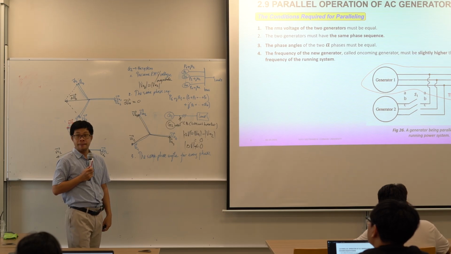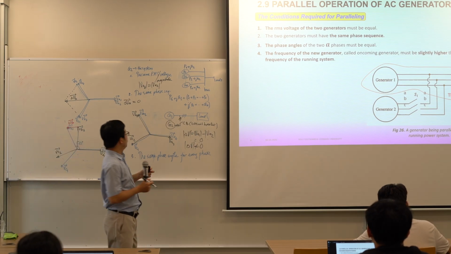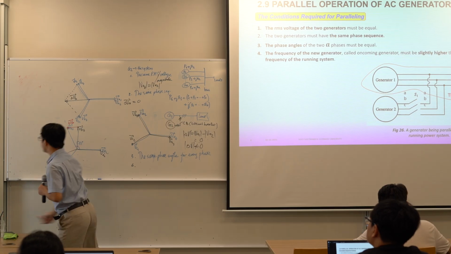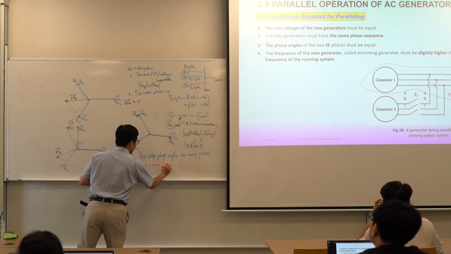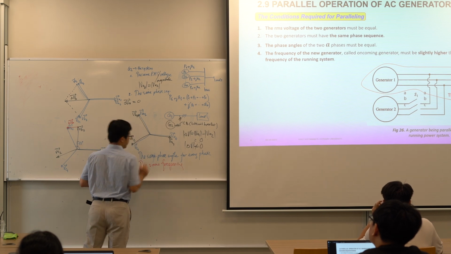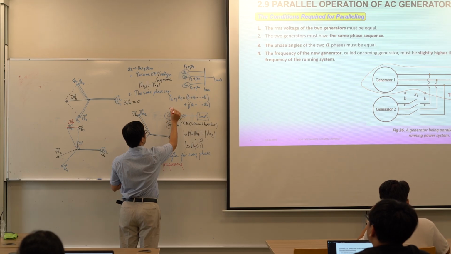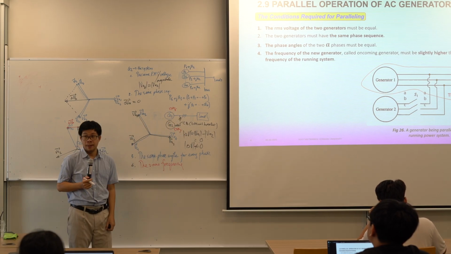Is it clear? And the last one, we should have the same frequencies. Okay? So if this one is 50 Hz, this one must be 50 Hz also, the same frequency.